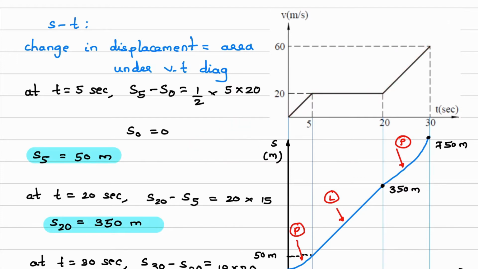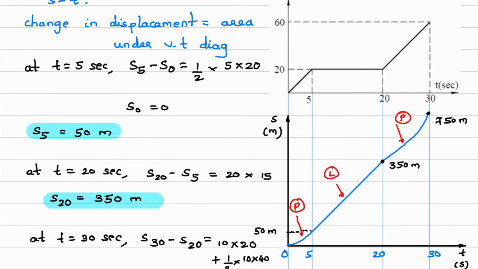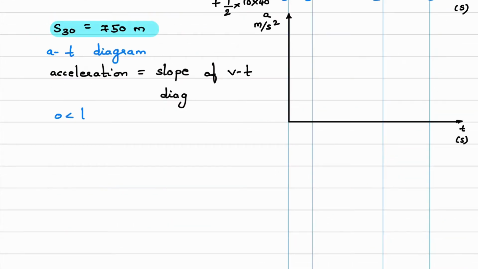So we have to calculate this slope. Now we'll write down when t is between 0 and 5. What will be the slope or acceleration?